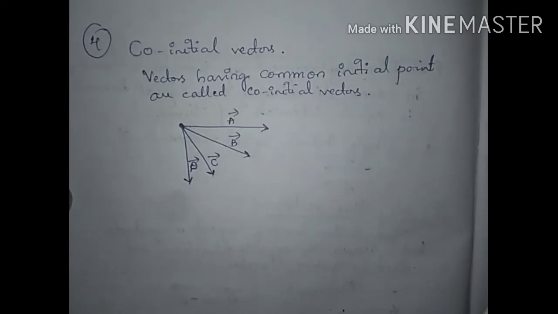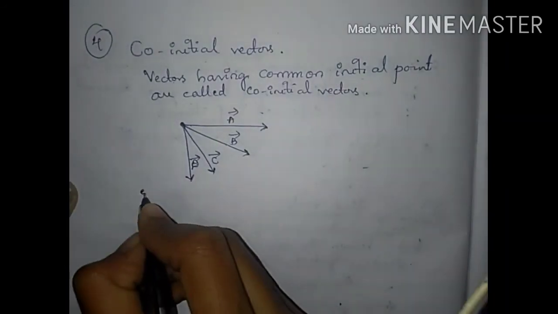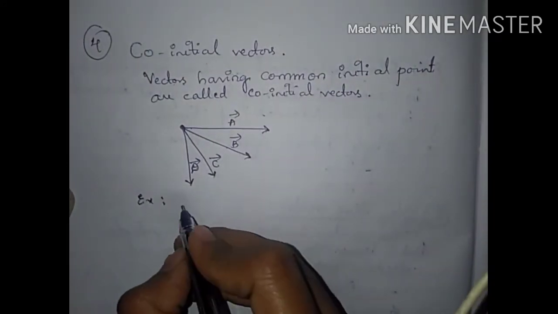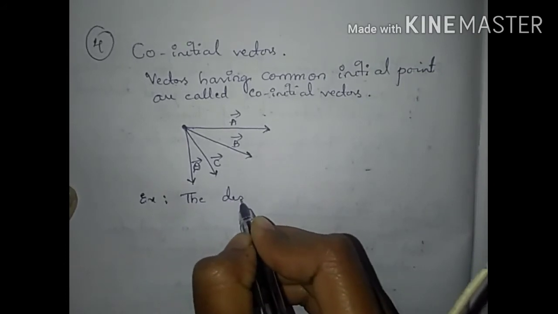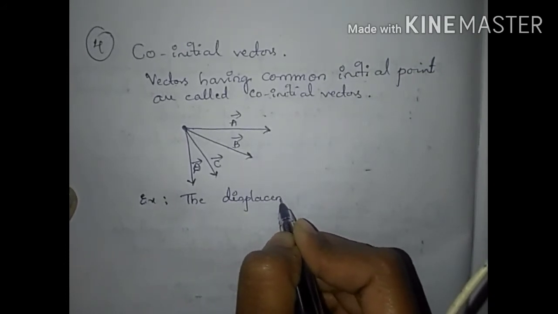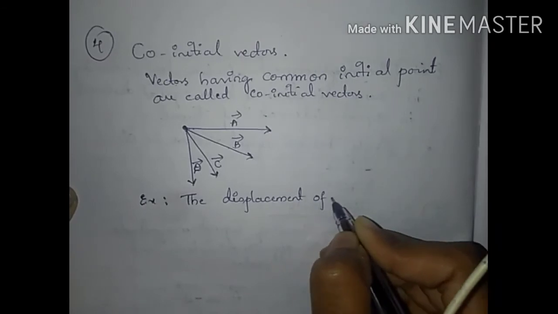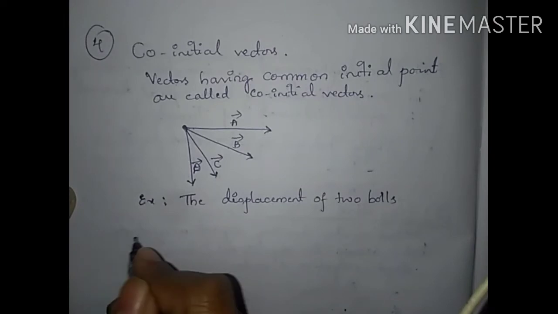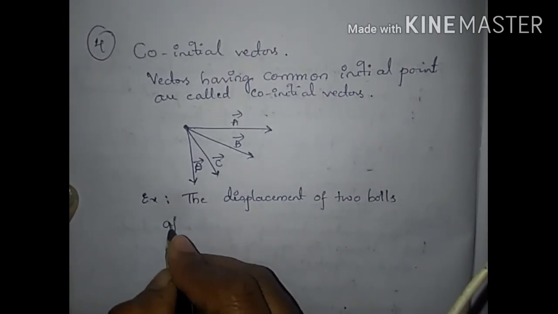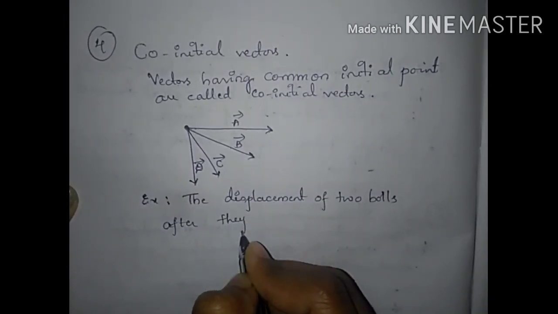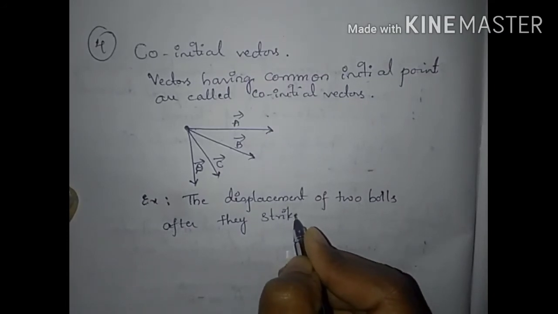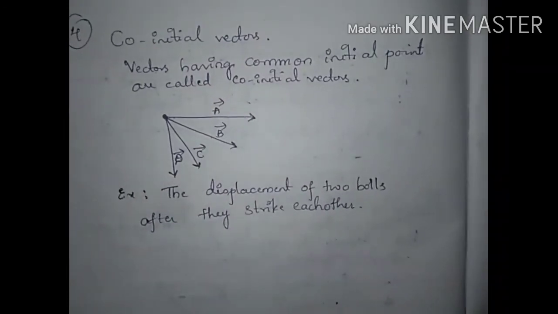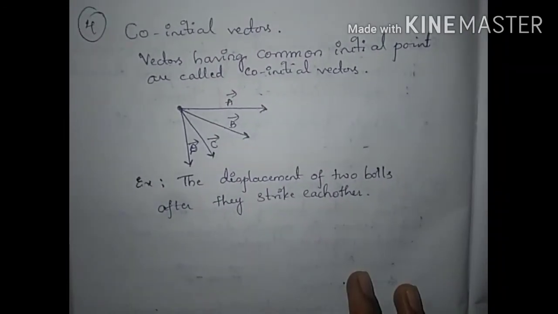The example would be the displacement of two balls after they strike each other. So this is the example. Coinitial vectors are what?